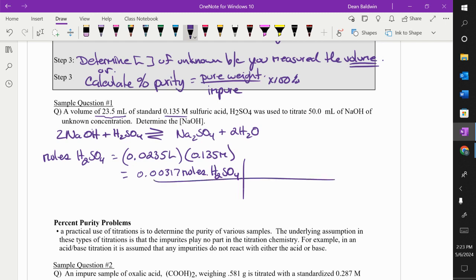I'll do this. One mole of H2SO4 neutralizes 2 moles of NaOH. That's what I wanted to say. So basically multiply it by 2. 6.35 times 10 to the minus 3 moles of NaOH. Just 0.317 times 2.